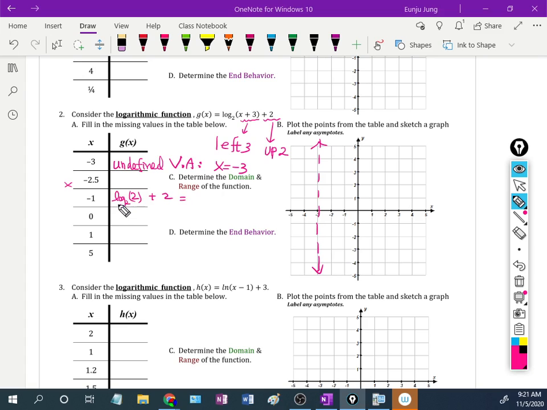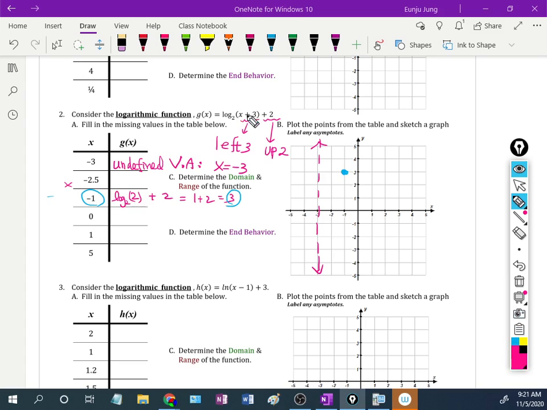Log with the base 2 of 2, what is the result? The meaning of this is, what's the exponent? So that is going to be 1. 1 and 2 together makes 3. So we can plot the point negative 1 and 3.